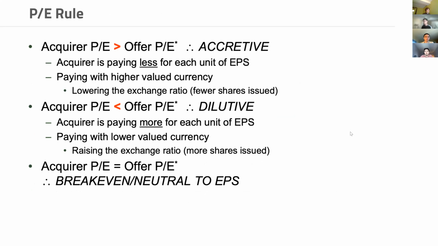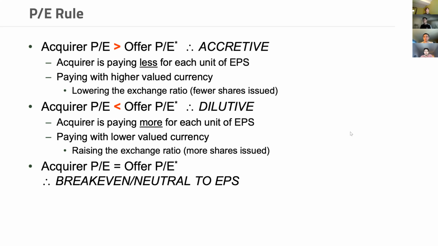So this PE rule that I was talking about. You might get a question like: if you're advising a company on acquiring another company, and the buyer's price to earnings multiple is greater than the target's price to earnings multiple, is the deal accretive or dilutive? That's one you should be ready for in an interview.